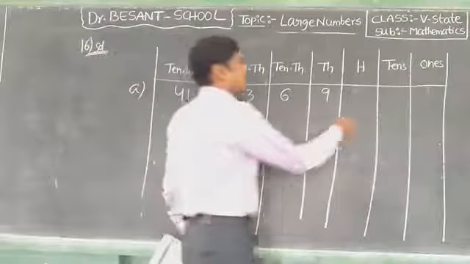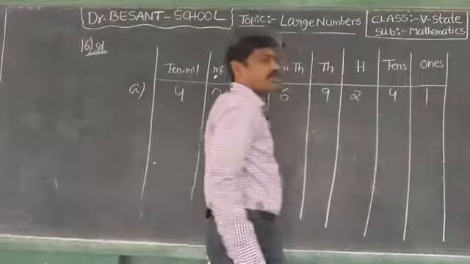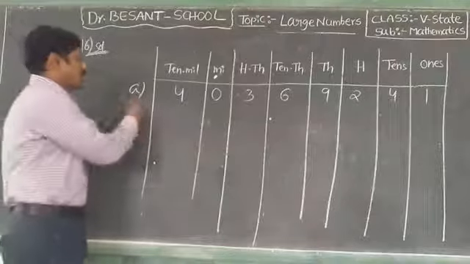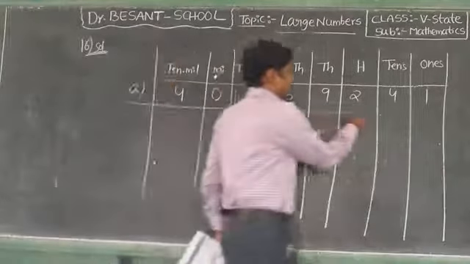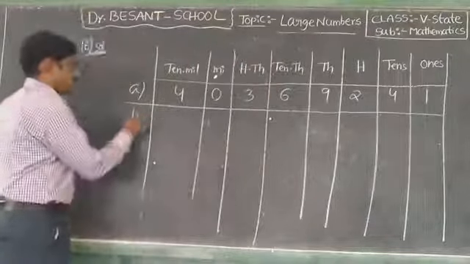So 100 place, 241. This is the first one. Okay children. Next, A completed.